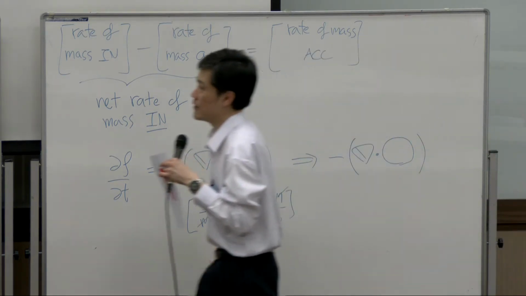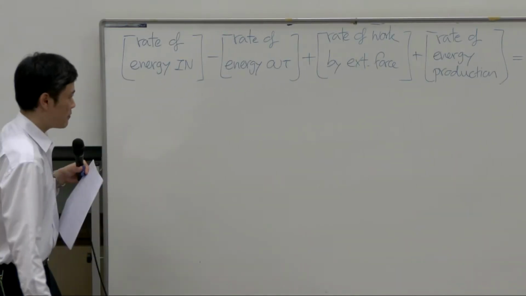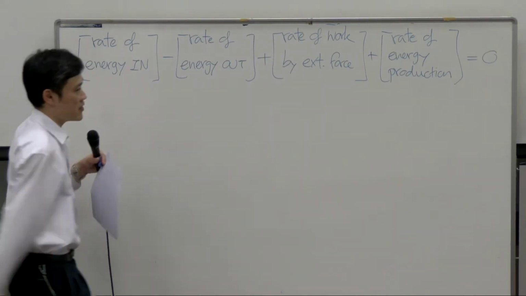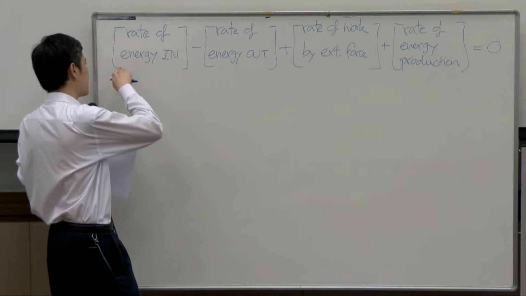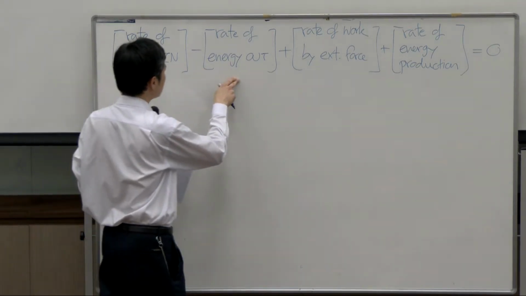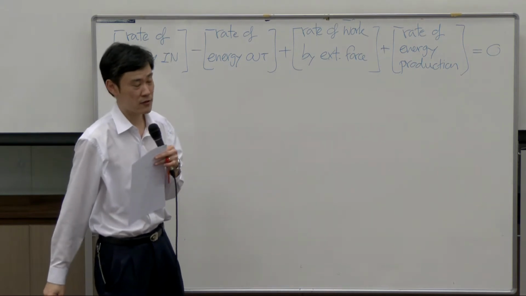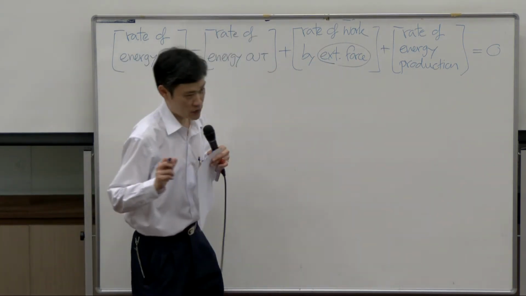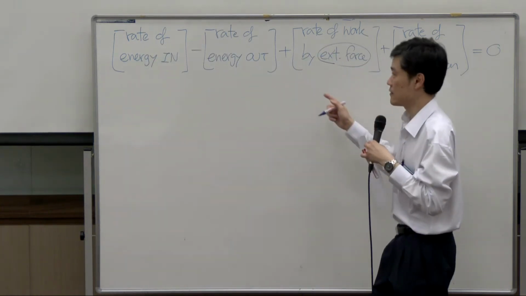Now we want to develop something in the same manner, but for energy. And this is the equation for shell energy balance. For energy balance, basically you have flux of energy going in and out, and work done by an external force, which is basically the gravity force. You have to look at the sign.